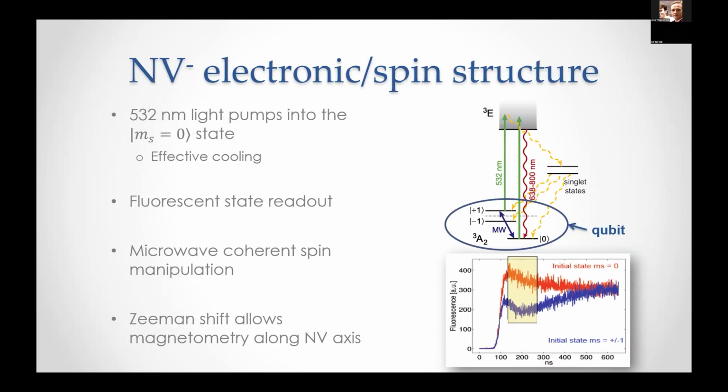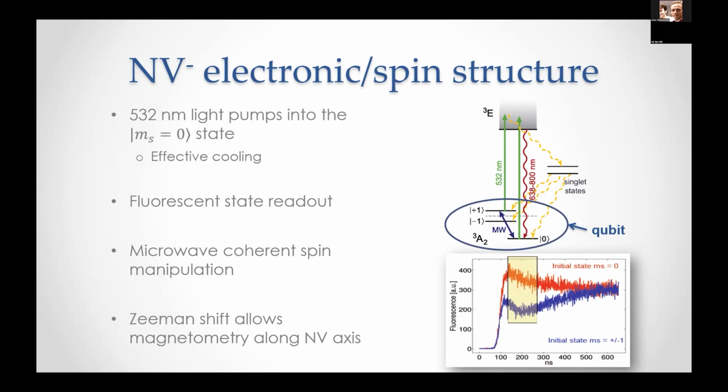As I mentioned before, the ground state has an orbital singlet, which is great, and a spin triplet. These three sublevels, 0 and plus minus 1, are what we always think about when we think about the NV as a quantum system, as a quantum spin, as a qubit, as a sensor. So these are the degrees of freedom that we like.